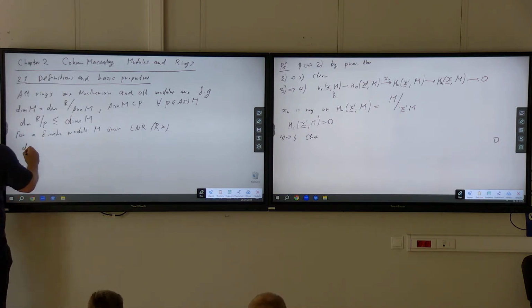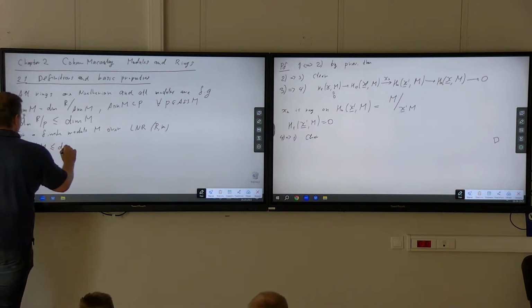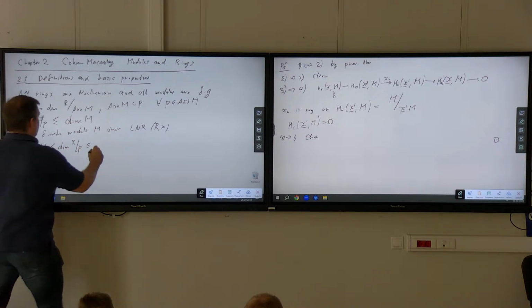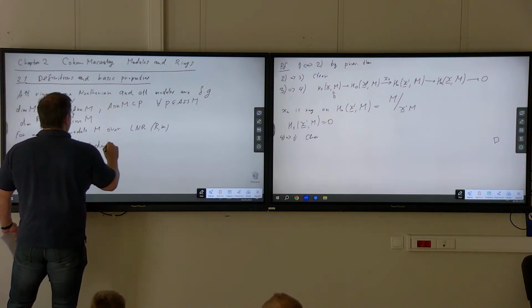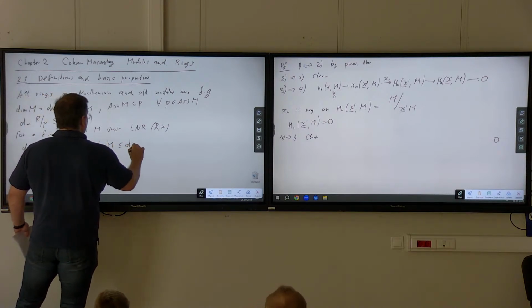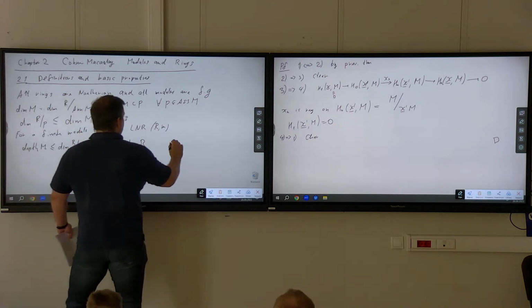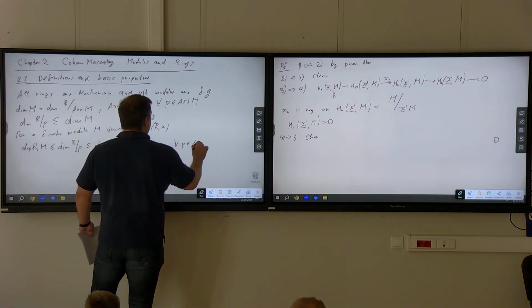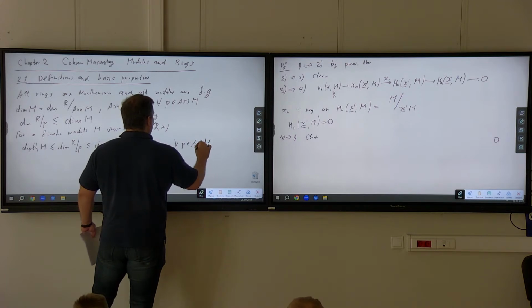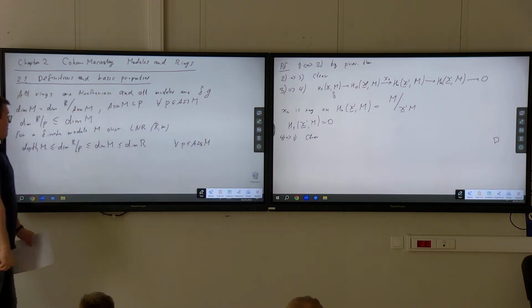We have depth of M, which is less or equal than the dimension of R modulo P, which is less or equal than the dimension of the module, which is less or equal than the dimension of the ring. That is for any prime P associated to the module. Okay.